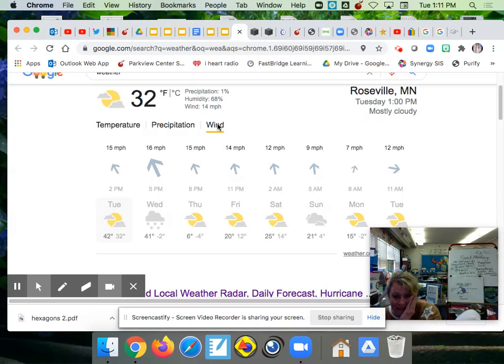Here's wind. Isn't this cool? How it shows you what's happening with the wind. The symbol looks bigger to show the wind miles per hour, mph, getting bigger. This also is showing you the direction of the wind, where the wind is coming out of.